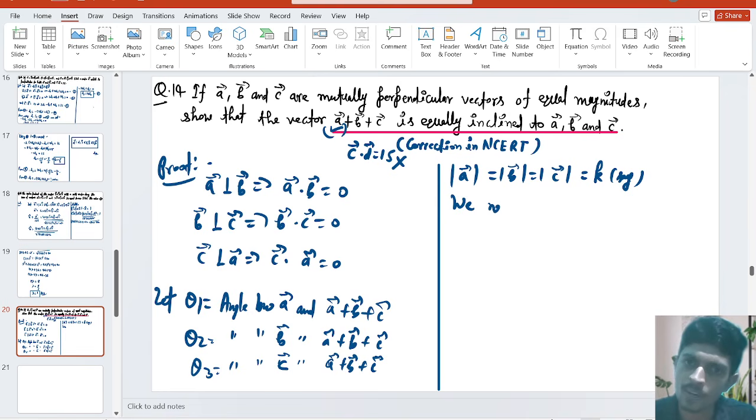So we need to show that theta 1 equals theta 2 equals theta 3.